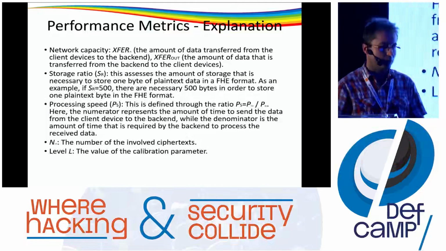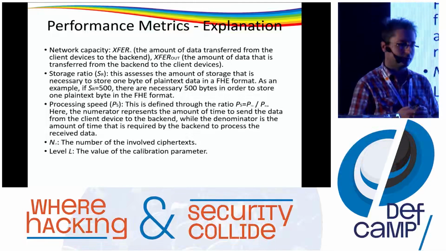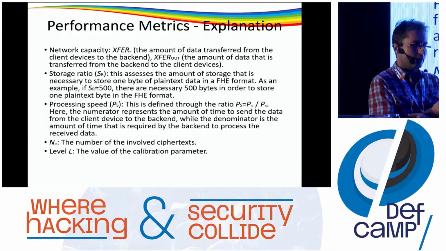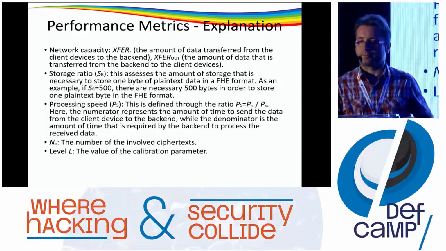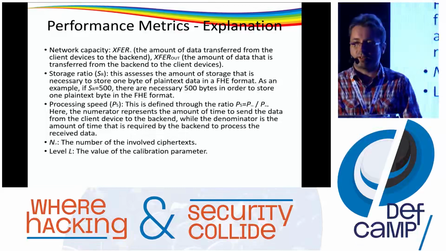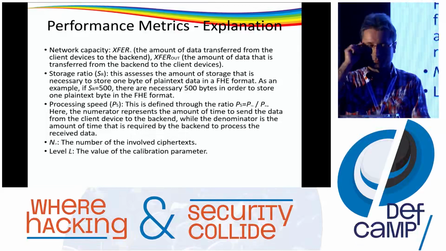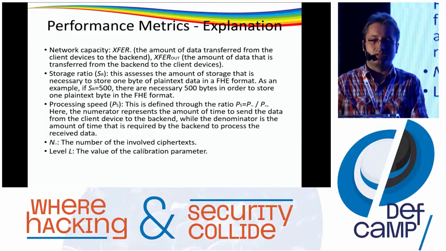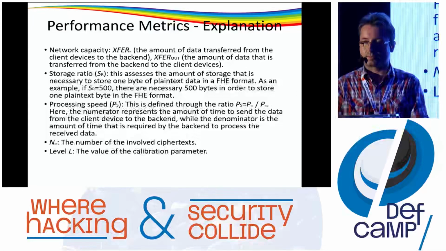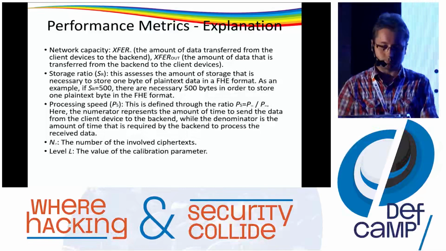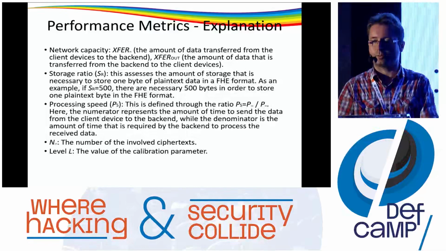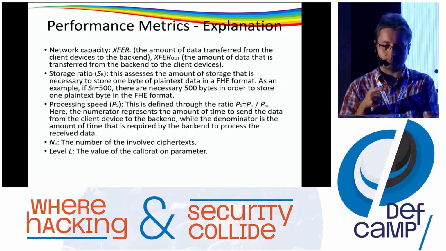So this is why we have also used this naming convention. Then the storage ratio is a metric which represents the amount of bits that are necessary in the fully homomorphic encryption system to process and store 1 bit of plain text data.